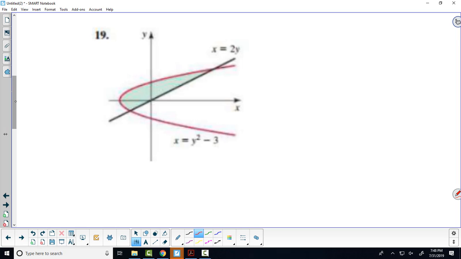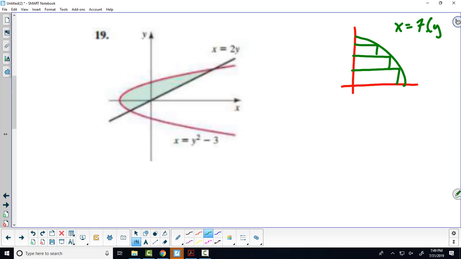So, the entire Riemann sum process can be redone from scratch, where we draw the rectangles going this way. As long as we have the equation x is a function of y, then all we do is input a y value and it tells us how far to the right the rectangle is.